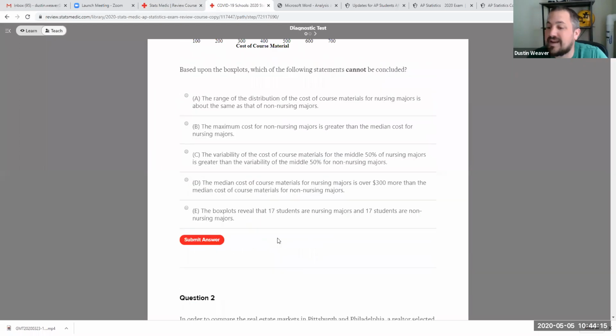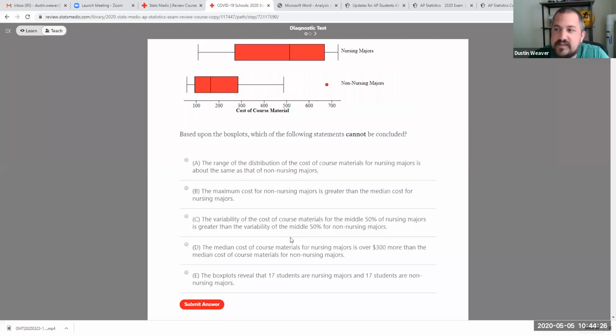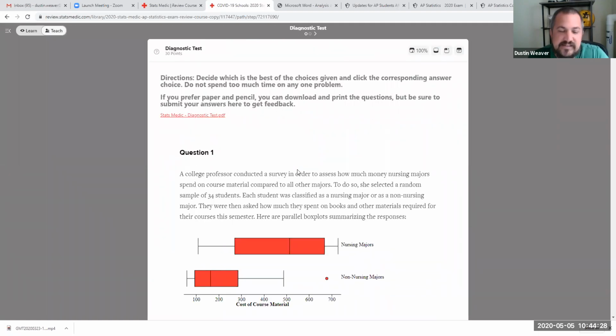So if you can't do it all right now, do 10, take a break for an hour, do 10 more, take a break for an hour, and then finish the last 10 and submit. But I want you to take your time on all of them. When you finally submit at the end, it is going to tell you which ones you got right, which ones you missed, and then help you look at what you need in this course, okay?